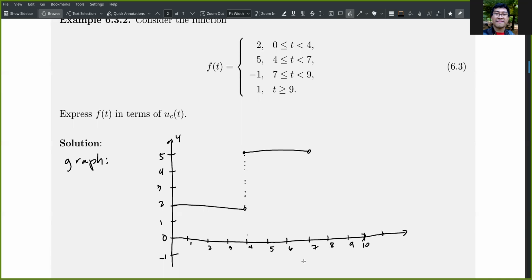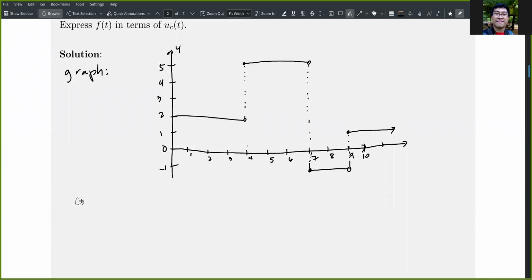From 7 to 9 it becomes minus 1 here, so there's that jump, and then towards 9, excluding 9. And then at 9 it starts from 1 and goes on towards infinity.